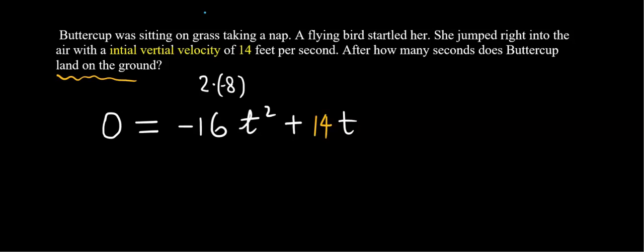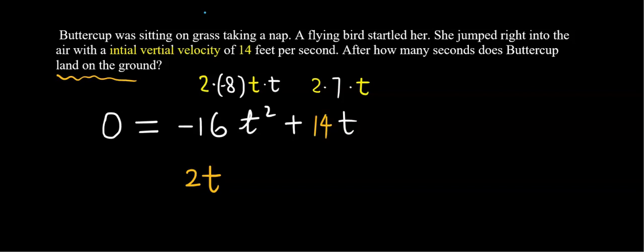Okay? And think about 14. 14 is 2 times 7. So both of them have 2, but not so fast because t squared is t times t. And here's another t. So both of them can factor out a 2t. Therefore, we're going to factor out 2t.